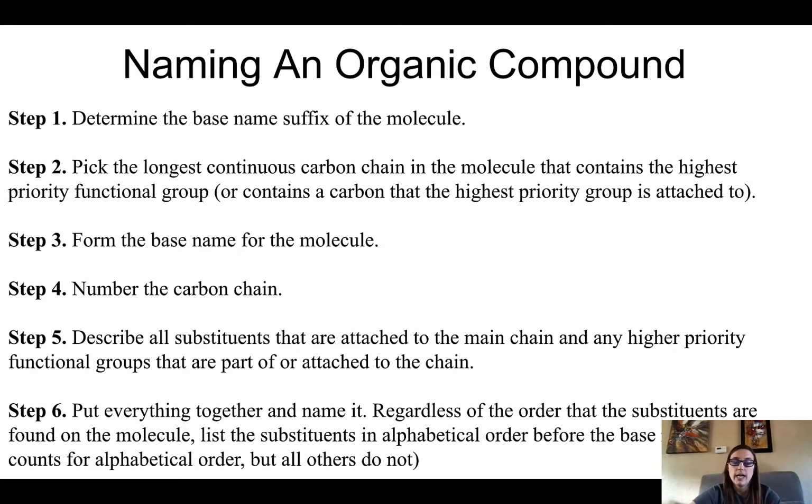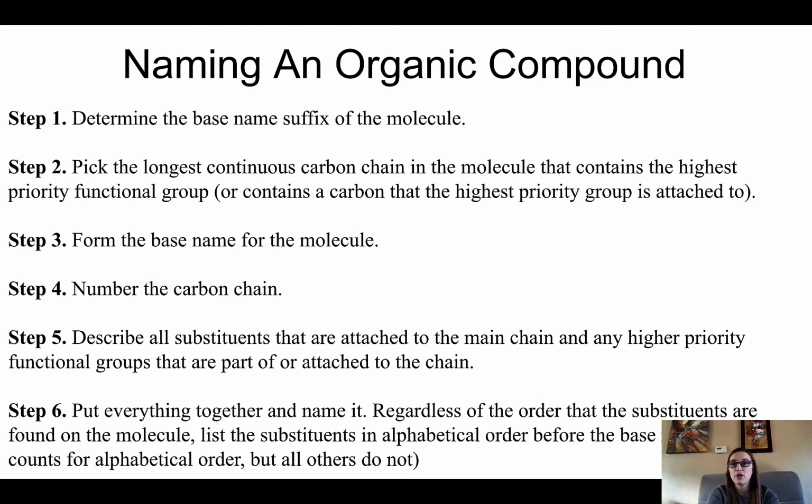Step 2 is to pick the longest continuous carbon chain in the molecule that contains the functional group, or contains a carbon that the functional group is attached to. So when we look for our continuous chain, so the longest chain, if it's 6 carbons or 7 carbons, we have to make sure to evaluate any option. It's not just read from left to right.